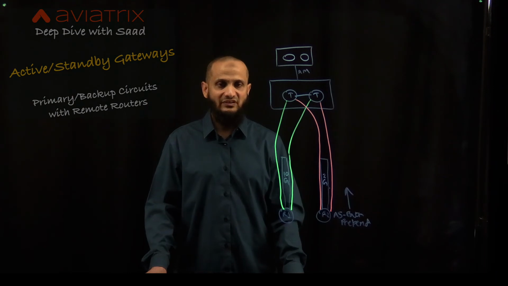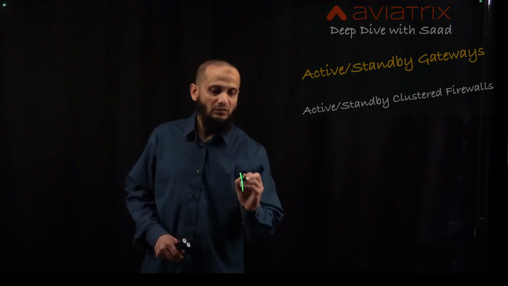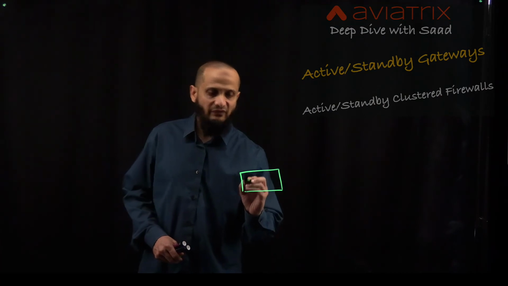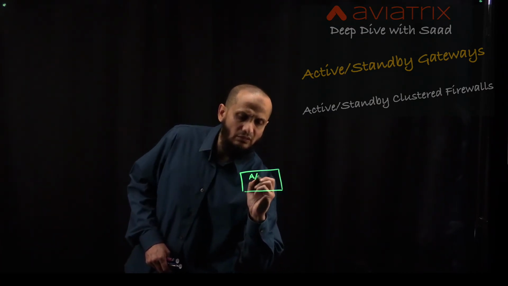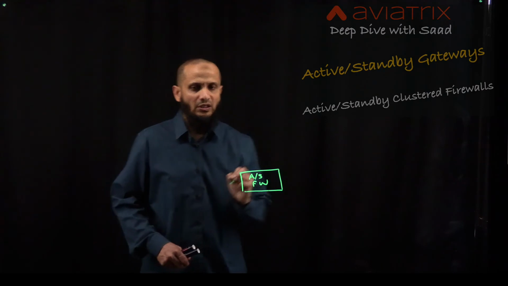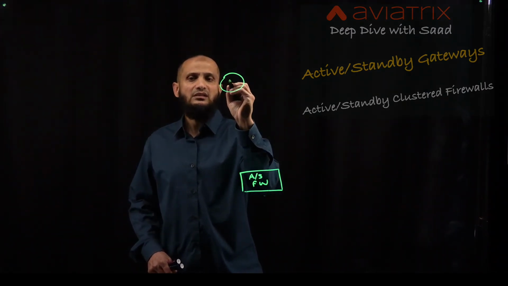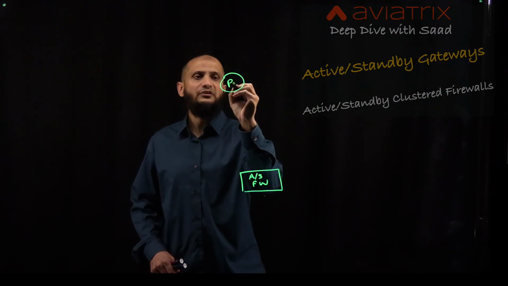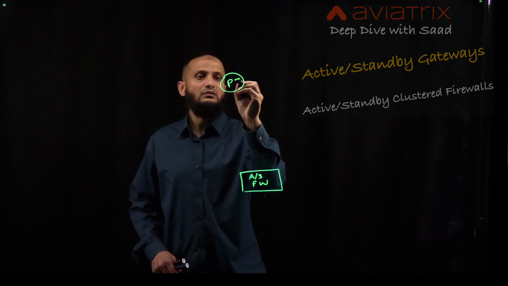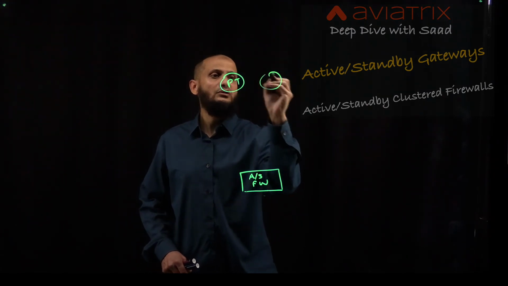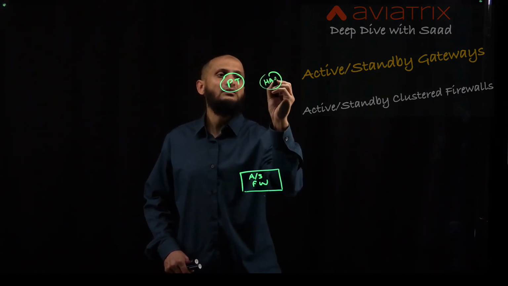So far we have discussed different scenarios and designs using the active standby functionality. Then let's talk about the failover scenarios. All right, so if you have a clustered firewall, for example, a cluster of active standby firewalls over here, and then Aviatrix gateways. Let's say this is your primary transit gateway, and this is your HA transit gateway.